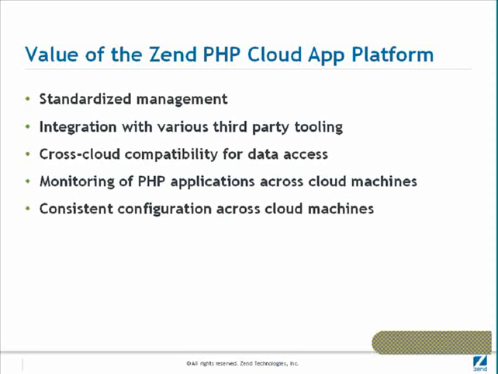And then also consistent configuration across cloud machines. When you're working in your own environment, you can pretty much build up a server and put some standardized templates in there, and it will run, in theory.